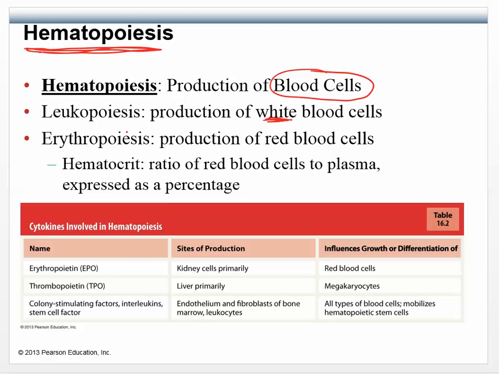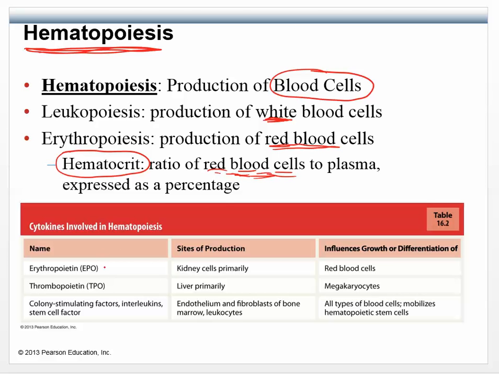Leukocytes are another word for white blood cells. And erythropoiesis is the production of red blood cells, or erythrocytes. Erythrocytes is another word for red blood cells. And again, just to clarify this term, hematocrit, that's the ratio of red blood cells to plasma, so that's just red blood cells.